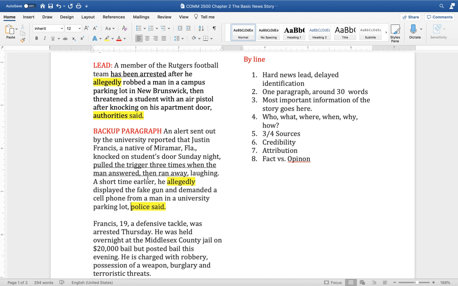And then you tell the reader who that person is, in this case, the police, the authorities, okay? So everything that's happened here, it's not a fact yet. It's under dispute. This is what has been claimed to have happened. What these various people involved in the event, the police, the student in the apartment, they claim this happened, but it's not a fact yet. And so you have to use attribution.